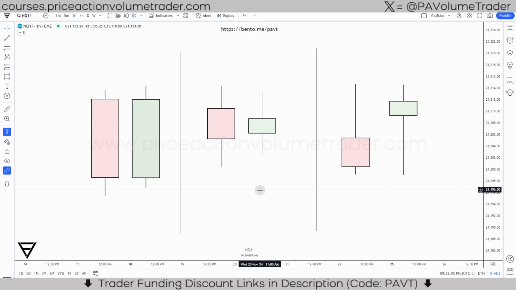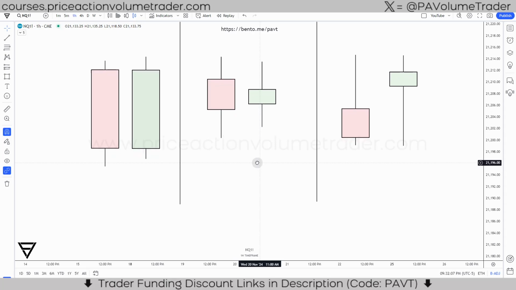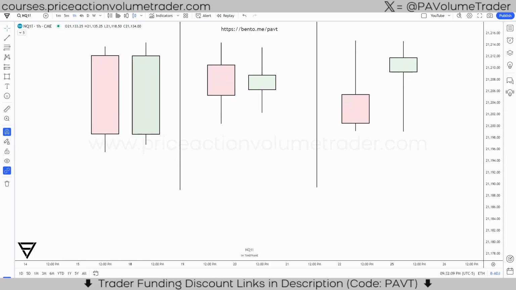So for example here, let me move this up. If we have a market that is in a strong upwards trend, then if we have a pullback here, and then we have a good follow through, we would expect a strong follow through bullish candle in order to continue our daily momentum.